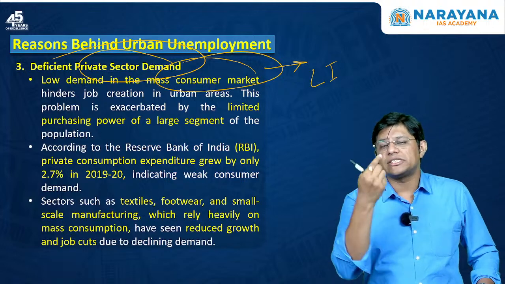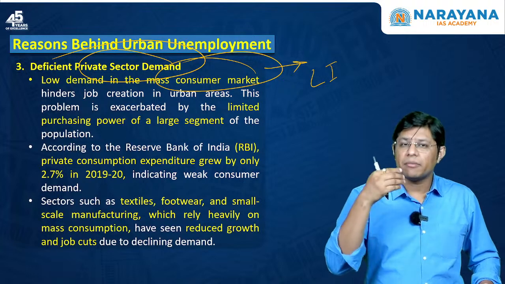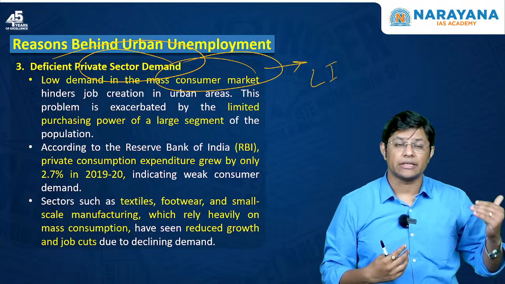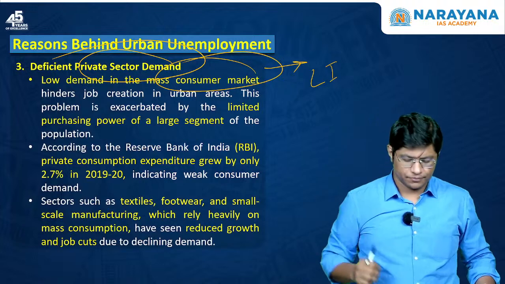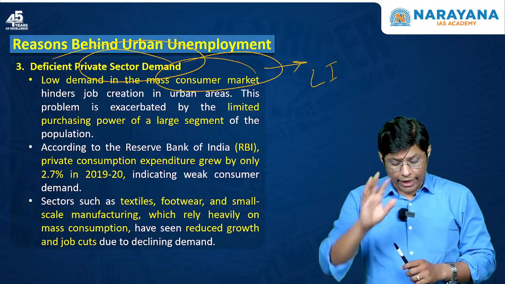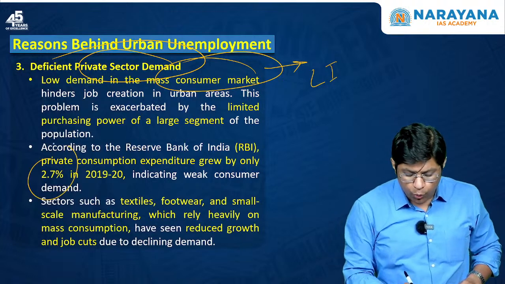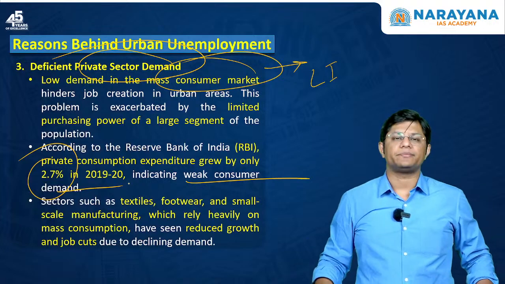Because the purchasing power has declined. People do not have the money now. If people do not have the money to buy things, the demand would decrease. And if the demand is decreasing, there will be job cuts. For example, according to RBI, private consumption expenditure grew by only 2.7%, which indicates weak consumer demand.